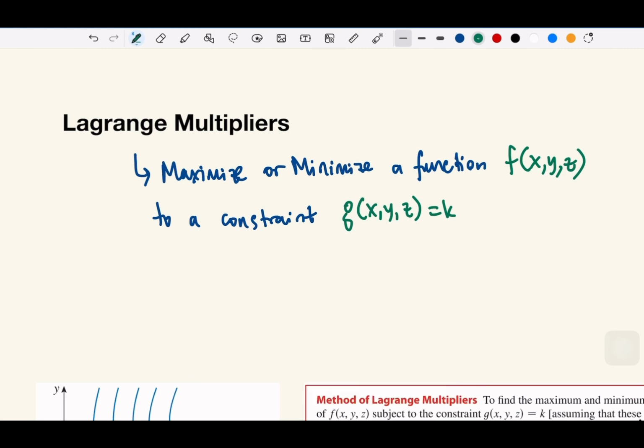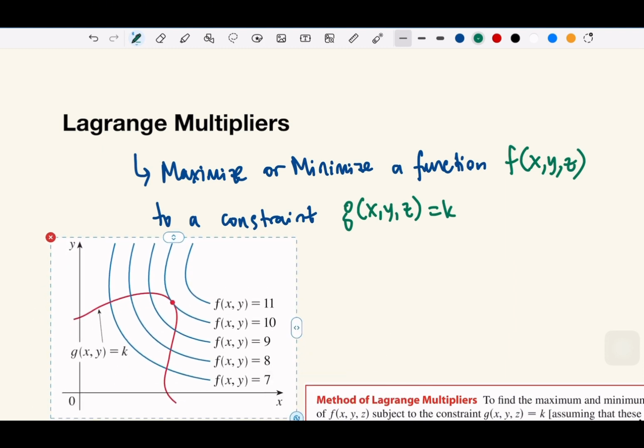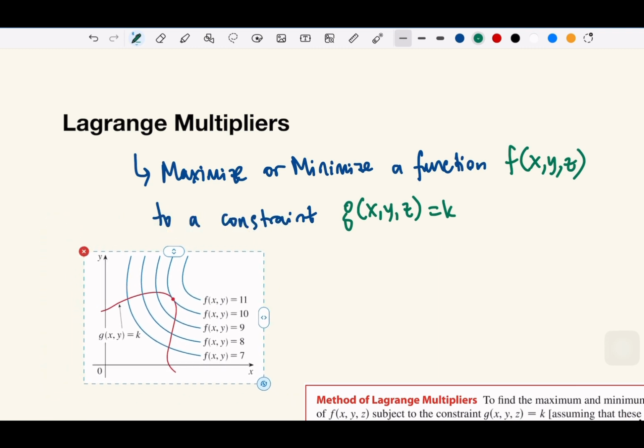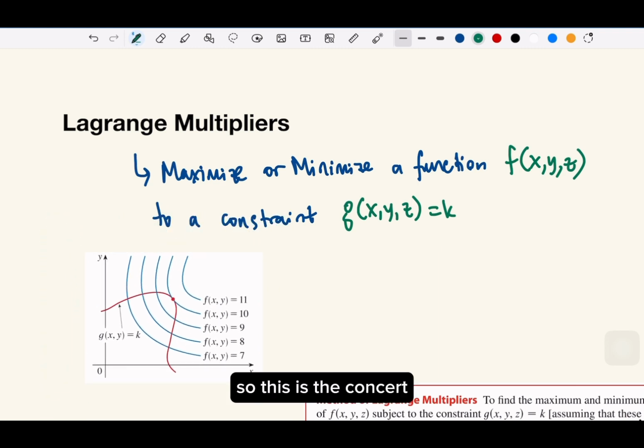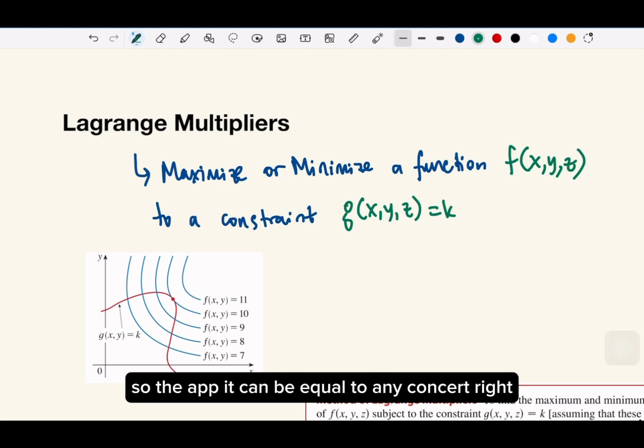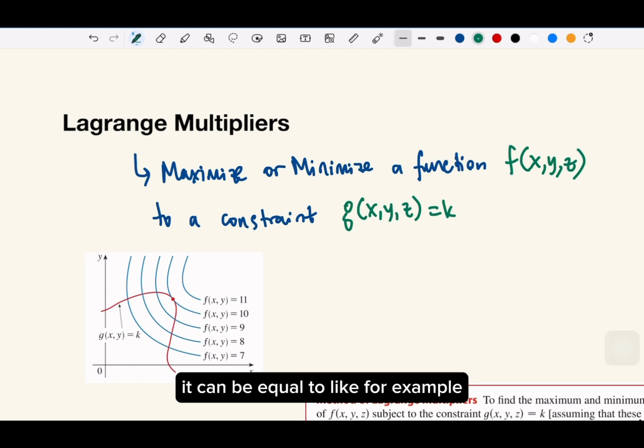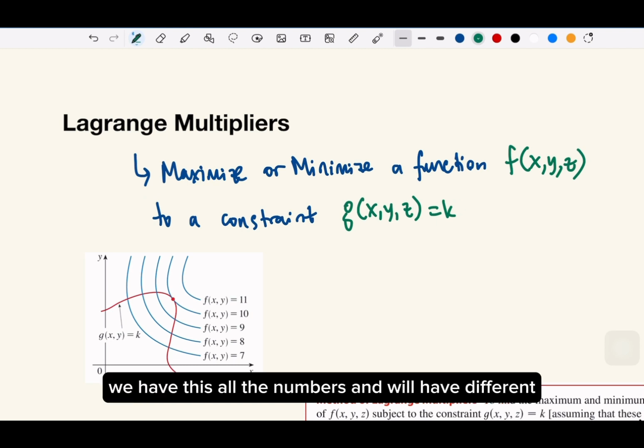That's the idea. If we take the graph, this is the constraint. The f can be equal to any constant, and we'll have different level curves, right?